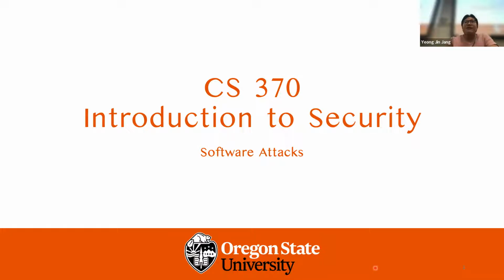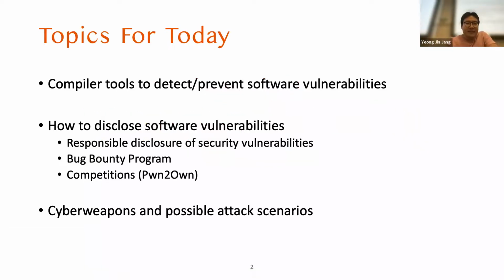Then we will learn about software attacks, because we covered software vulnerabilities last week. We will learn more about what attackers can do, and how the software attack community works. The topics for today: we will learn a little about some of the compiler options and tools that we can use to detect or prevent potential software vulnerabilities.